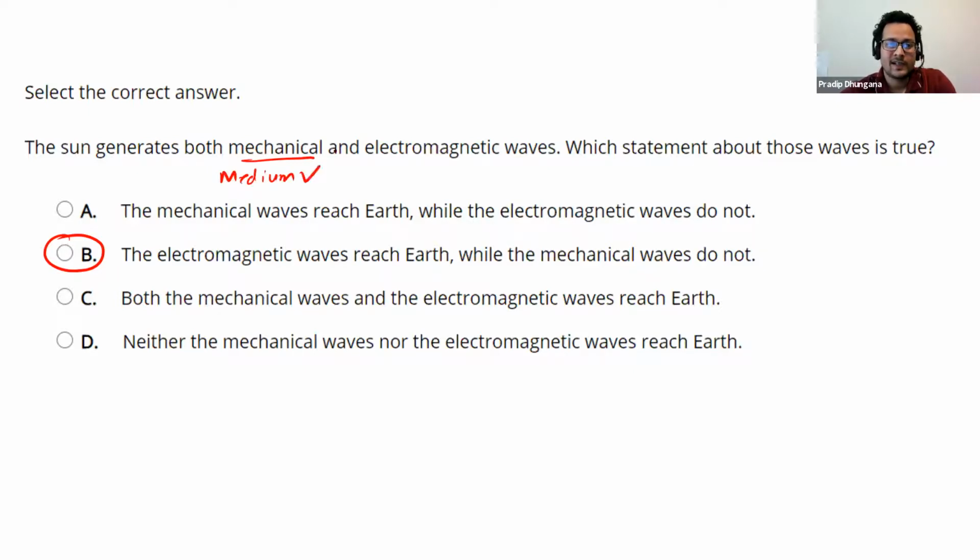Electromagnetic waves do not need a medium. So only electromagnetic waves can travel from the sun to the earth, because in between the sun and the earth there is a vacuum. It does not have any medium. And the mechanical waves will just stay in the sun. They cannot travel.